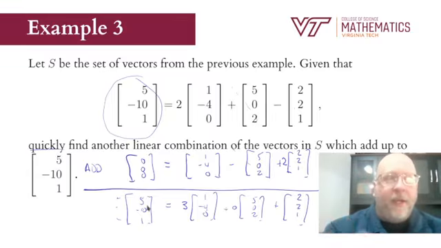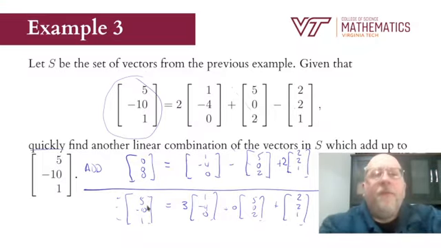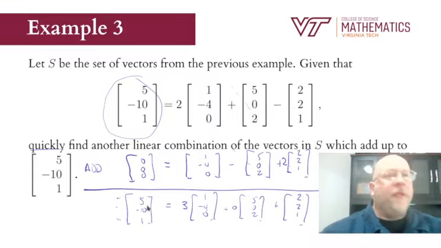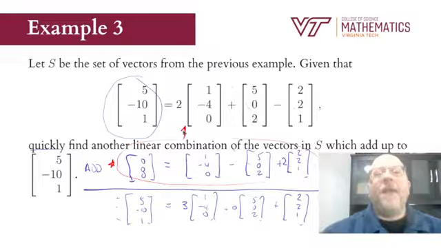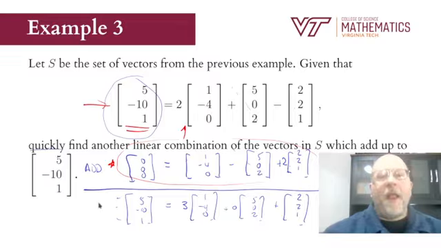So what we've demonstrated here is that as soon as we know that 0 has an alternate solution, as soon as we know that this combination is possible, then I can add that combination to any other vector, and now that vector has 2 solutions: the original solution plus the solution we got by adding 0 to it.